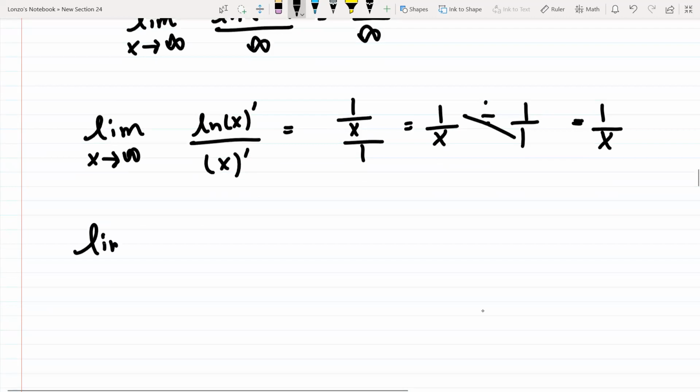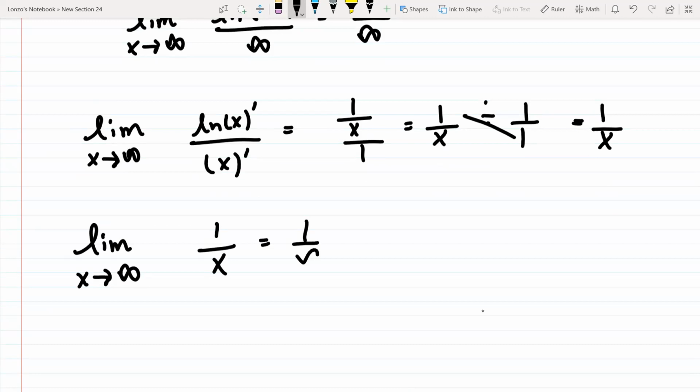So what's the limit as x approaches infinity? It's just going to be 1 over x. And when you plug in infinity for x, it'd be 1 over infinity. And what is 1 over a very large number? It's always going to be 0.